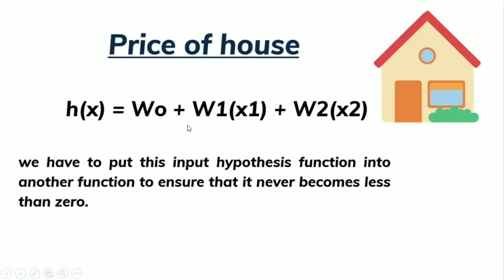It's illogical to say that the price of a house is negative. So in order to do that, we need an activation function to justify our answer.